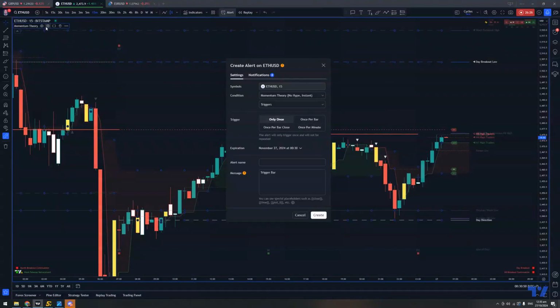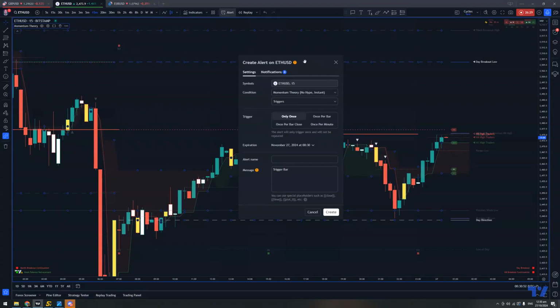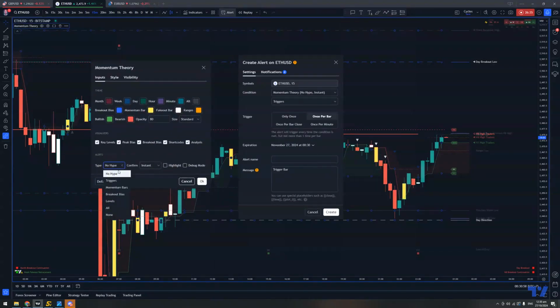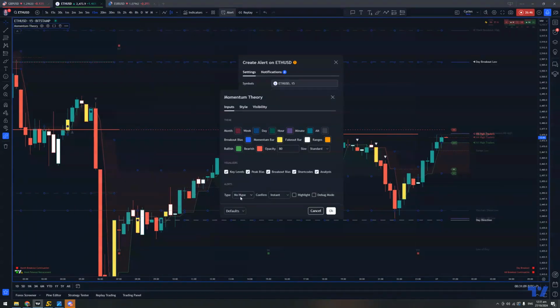So what's good about doing it this way is that you can set these settings really quickly. And it's much faster than going through these and changing it. And sometimes I forget if I've changed one of these and left it like this. So I actually prefer sometimes just to always keep it at the no hype one.